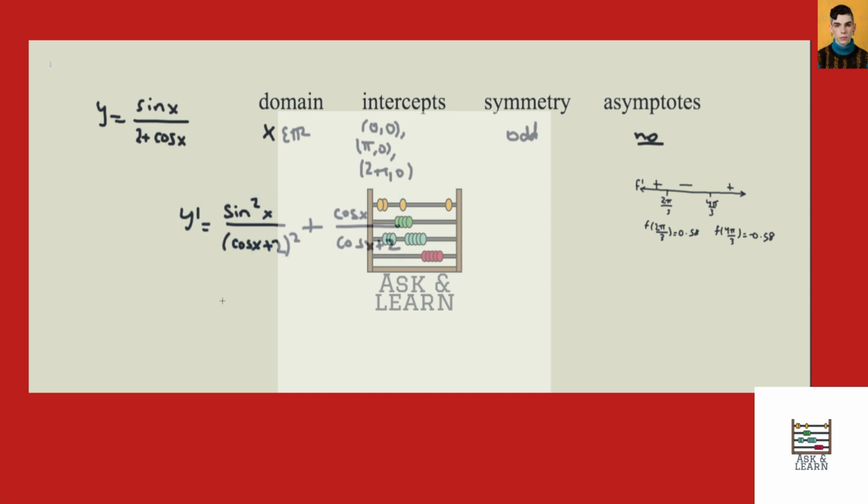All right, so y double prime is equal to 2 sine x times sine squared x plus cosine squared x plus cosine x minus 2.